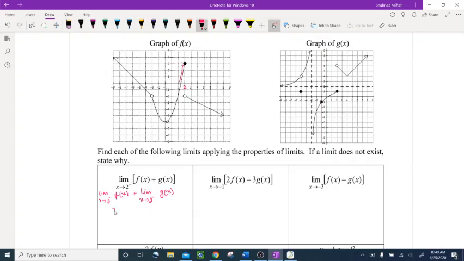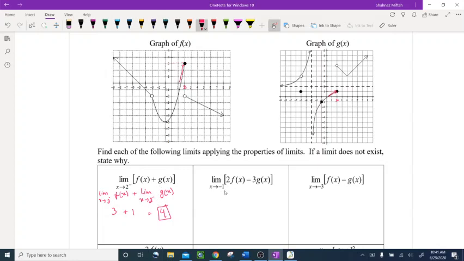So this is 3 plus limit x approaches 2 from the left of g of x. So this is 2, and that's the g of x, and I'm approaching from the left, which means this is the one I'm talking about, right? So what is the y value for that? 1. You add them together and your answer is 4. So that's pretty easy that way.